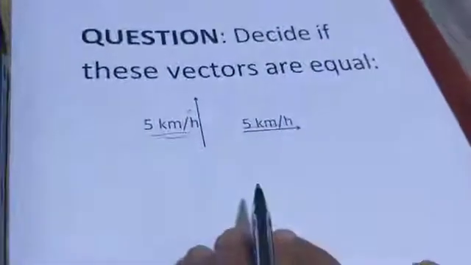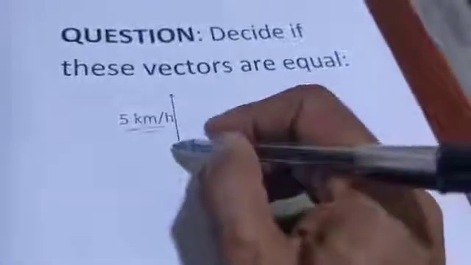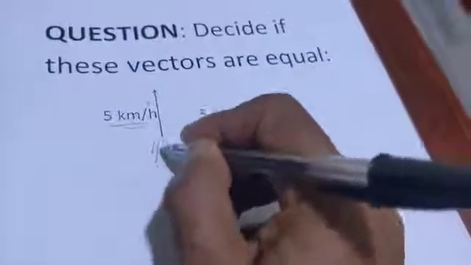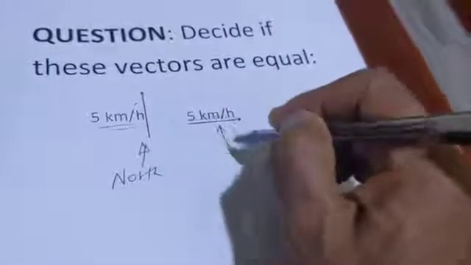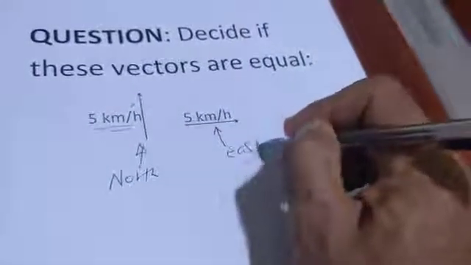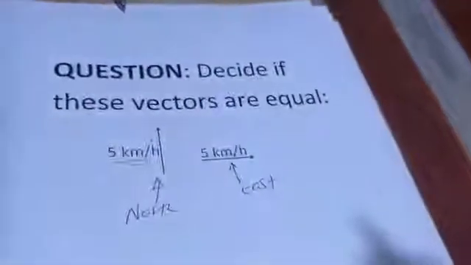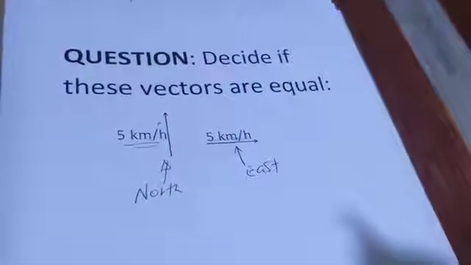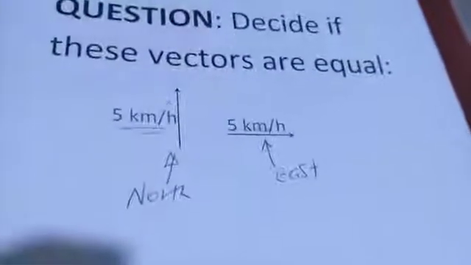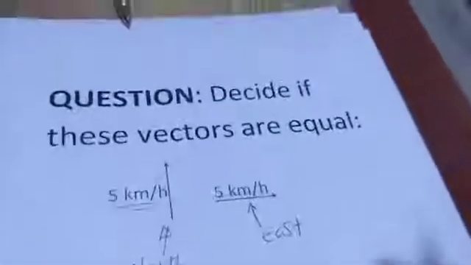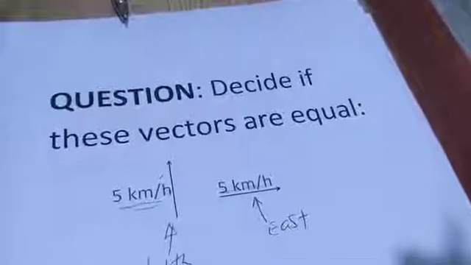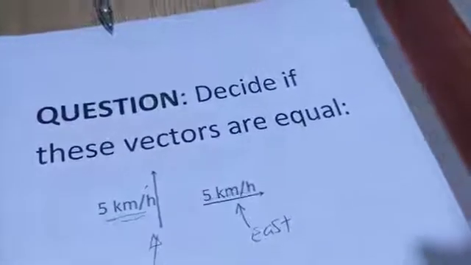In the first case the direction is north, and the direction of this one is east. So the two vectors are not equal because they have different directions. Let's see another here.